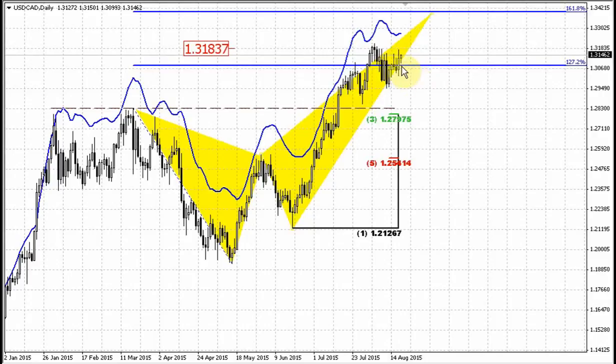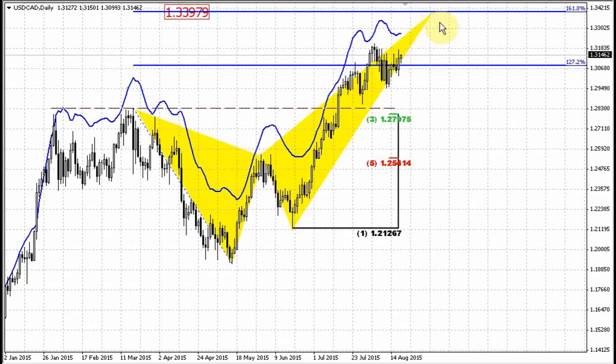And probably the next destination point will be particularly 134, maybe with a short stop somewhere around the daily average bonds around the 133 area. That's our view right now on the Canadian dollar. As you can see, the reversal point could be confirmed by this big butterfly pattern.